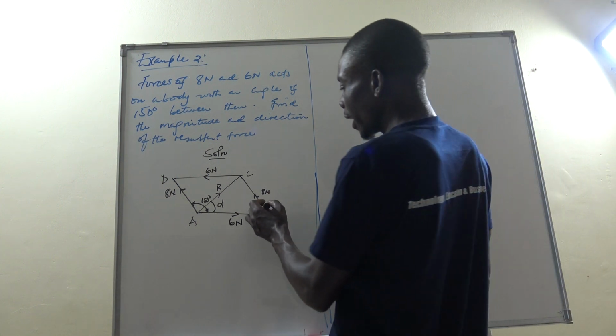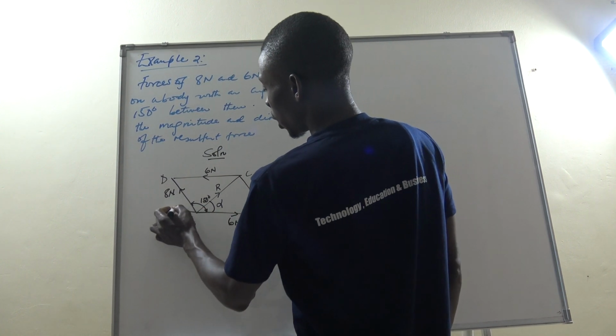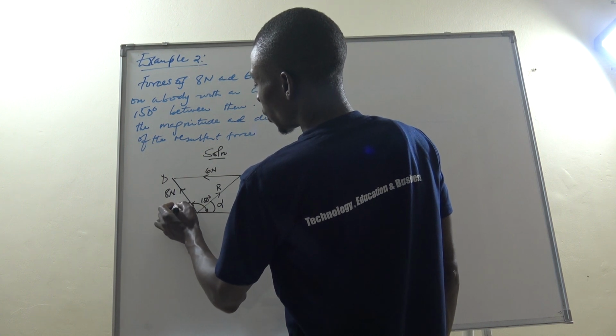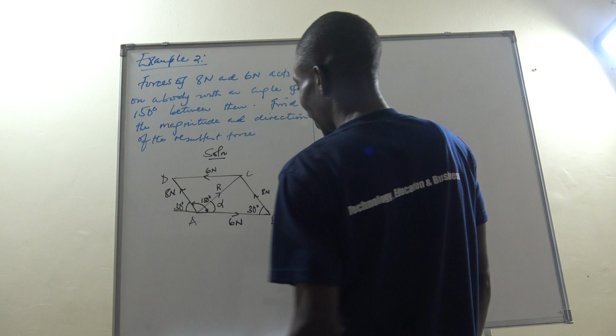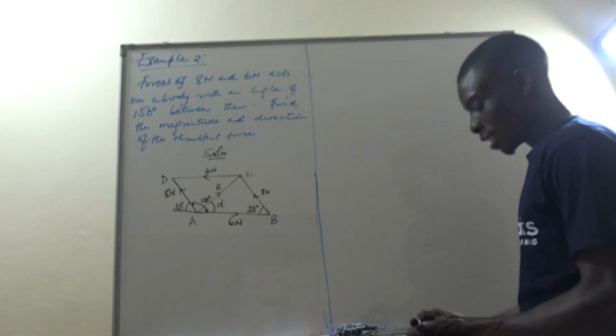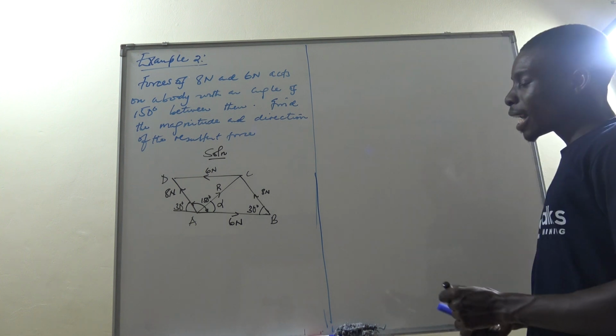And it is very encouraging to tell you that this angle here will be 30, because we know this one as well will be equal to 30. Total angle is 180, and this angle is the same as that. So that is very true.